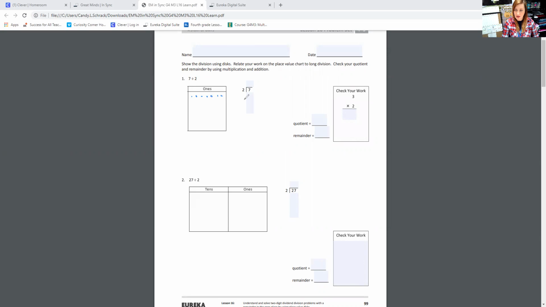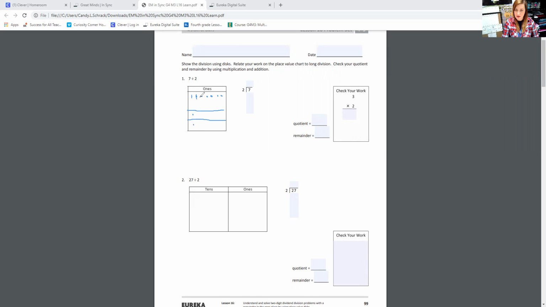Okay, so I have 7 ones and I need to divide those into 2 groups. All right, so 2 groups. I'm going to just make them down here. That'll be for one group and this will be for the other. So I'm just going to go one at a time. I'm going to take that one and move it here.